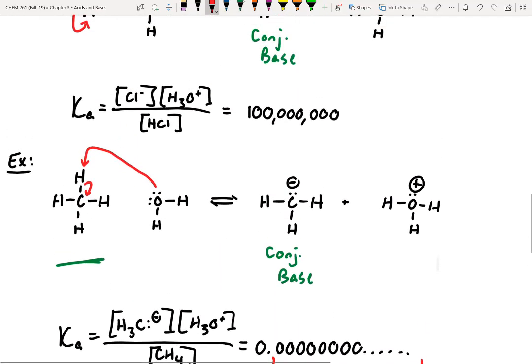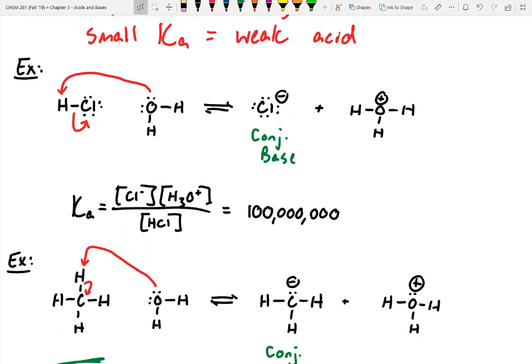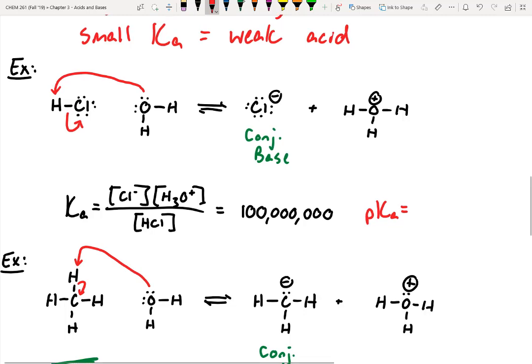All right, so if we go back up and we look at this whole reaction with HCl, if we measure this, we could say that the pKa is actually going to be -8. So typically, anytime you're running into negative pKa values, you're looking at something that's generally considered to be a very, very strong acid because the negative value is quite small.